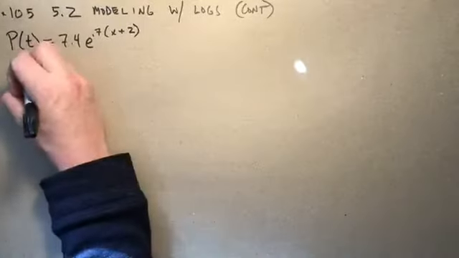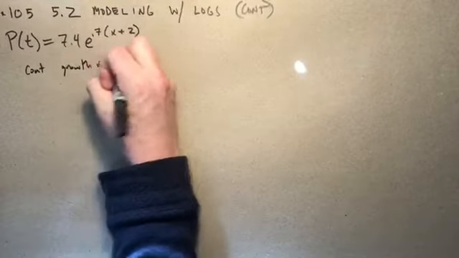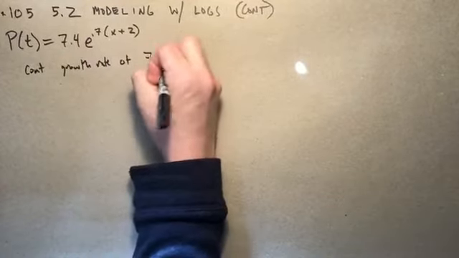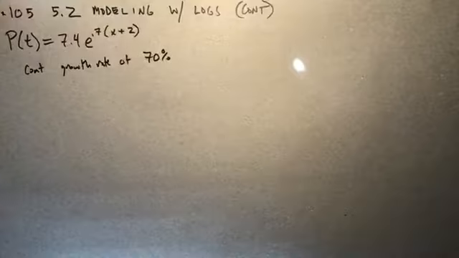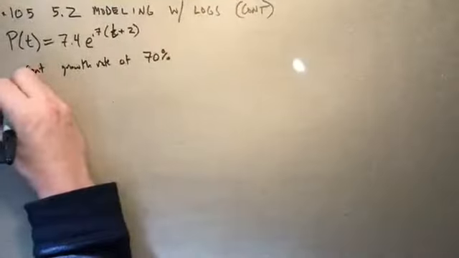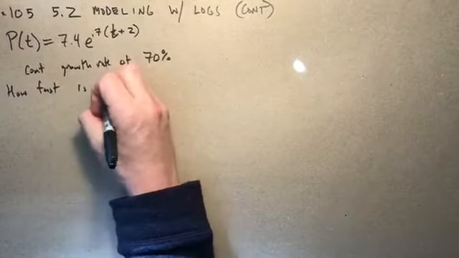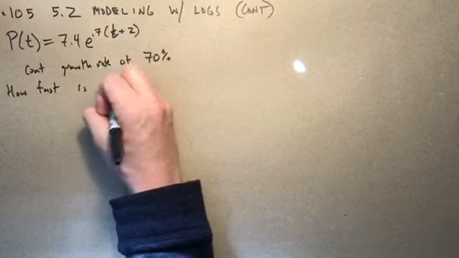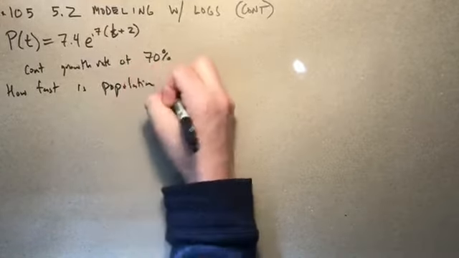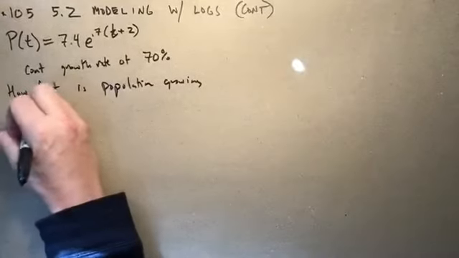But we have a continuous growth rate of 70%. And what I want to know is, I should probably have a t there, how fast is the population growing each year?